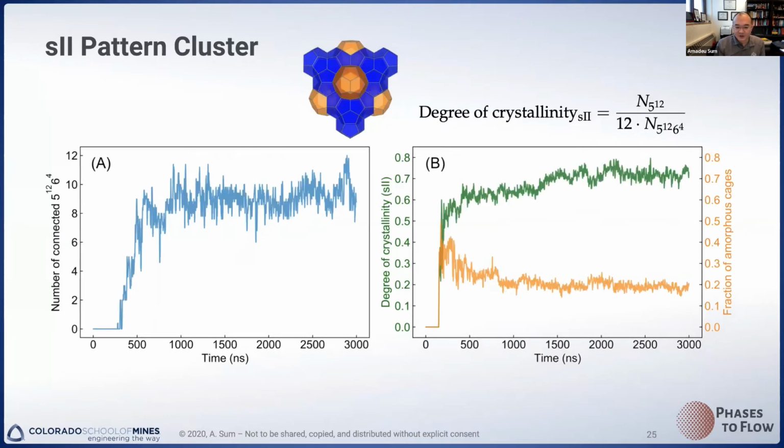And then you can do something similar for looking for structure 2 patterns, right? And the orange cages here are the large cages. And so if you look at the arrangement of those orange cages, they are in a tetrahedral orientation. And so you can track that, and you can see that it is much higher in this particular case, as expected, right? Since propane will induce the formation of structure 2.